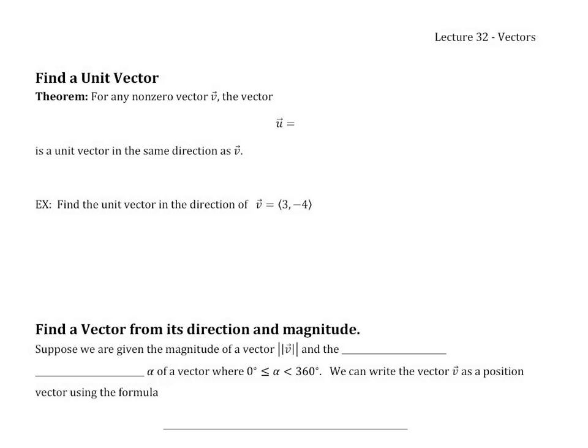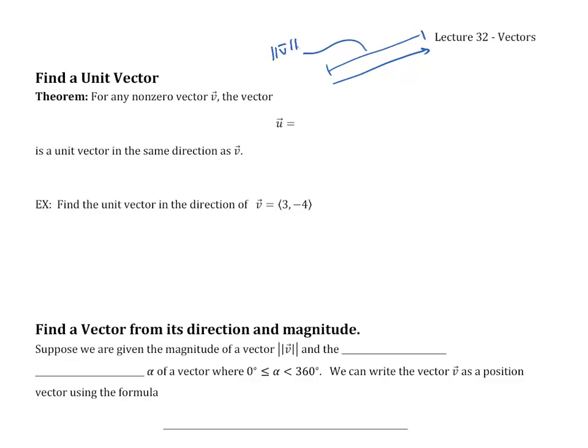For any non-zero vector, we can come up with a unit vector that goes in the same direction as the vector v. So, for example, if we have a vector v that looks like this, we know its length is denoted by the double bar notation of v.